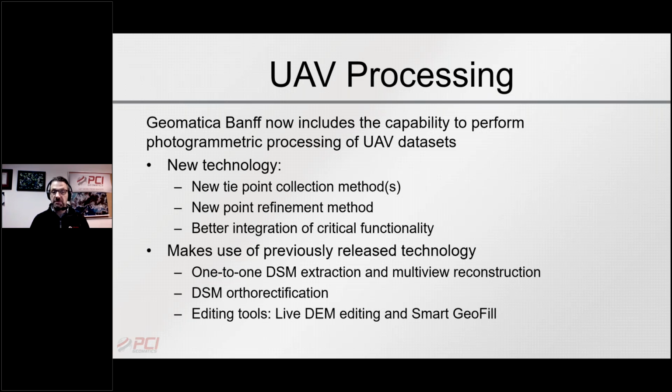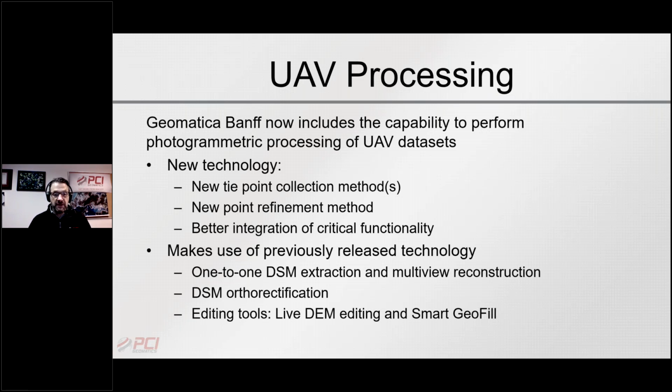Now it makes use of specific technology that's been developed previously that's absolutely 100% relevant for UAV image processing. The one key thing that is critical is being able to extract DSMs at 1-to-1 resolution and being able to reconstruct the surface models using the multiple look angles, or multi-view reconstruction.